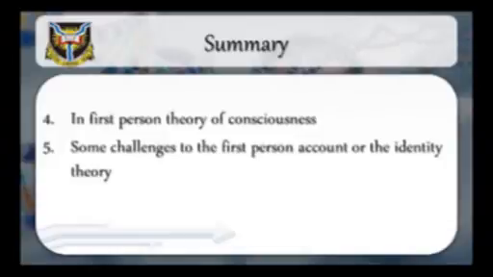4. In the first-person theory of consciousness, consciousness is not just behavior; rather, behind the behavior is a sharp agonizing sensation which is behind and the cause of the behavior. This calls for the causal theory of mind. 5. Some challenges to the first-person account or the identity theory.